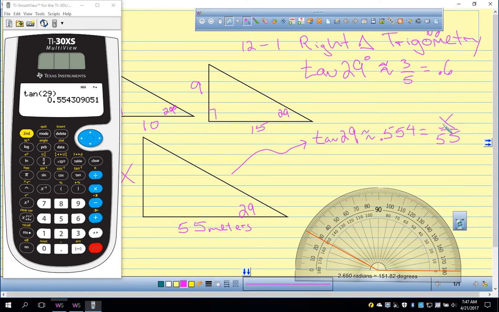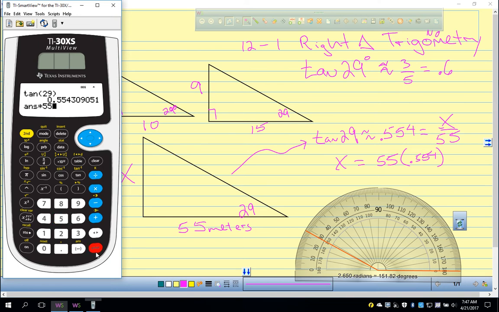How do I get x? If 0.55 is equal to x over 55, how do I find x? Multiply, right? So x is going to be equal to 55 times approximately 0.554. And so I'm going to multiply that times 55.